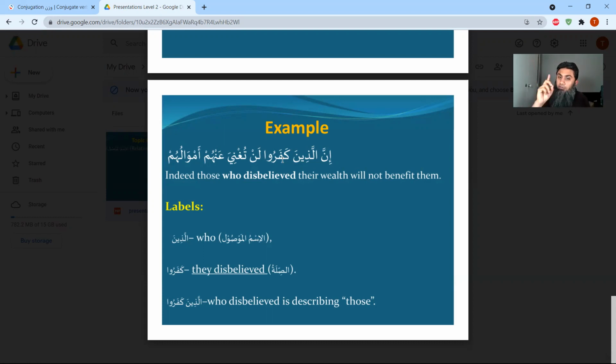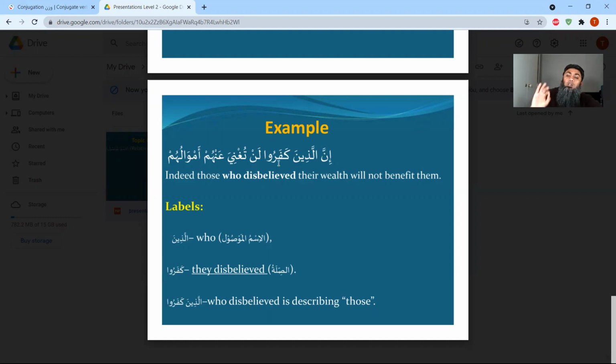But kafaru is one word and kafaru is a complete sentence. Why? Because every verb, or every fail, in Arabic is a complete sentence. Now kafaru, it is fail. Inside of kafaru, they, or hum, is the fail, or the doer. Clear? Or you can call it the subject. In English, we call it subject.